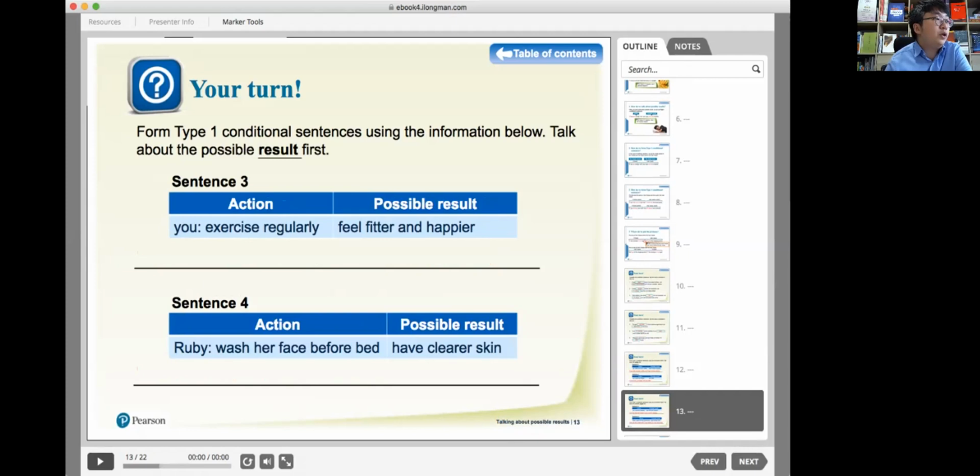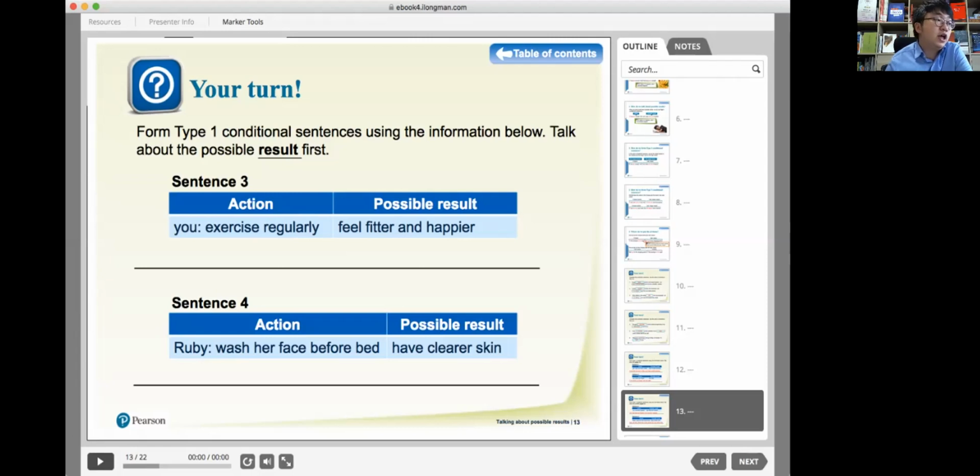We have to form type 1 conditional sentences using the information below. Talk about the result first. Result first. So the possible result is feel fitter and happier. You exercise regularly. You remember what tense we should use for the result. Future tense for the result, and simple present for the action.